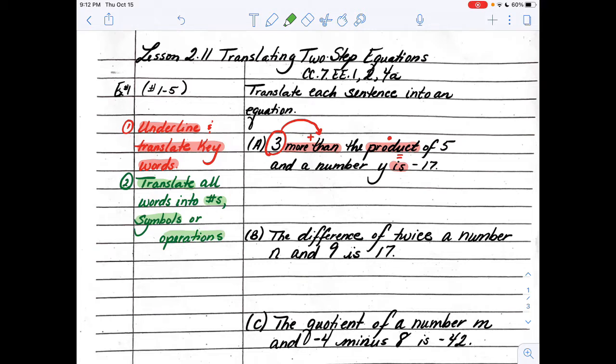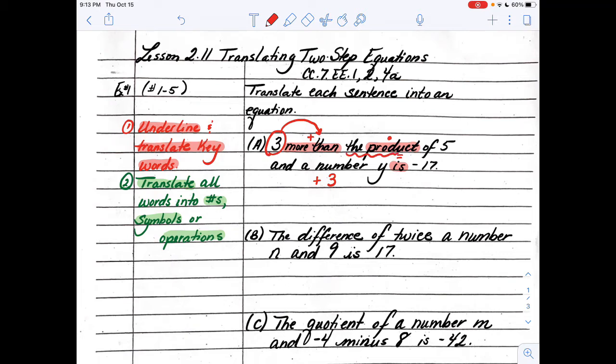So let's start with that first one. 3 more than. We already made that nice little symbol to myself to say, hey, don't put it in the front, put it behind it. So that more than adding, and the 3 goes behind it. Now what's going to go in front? Well, what comes after more than?